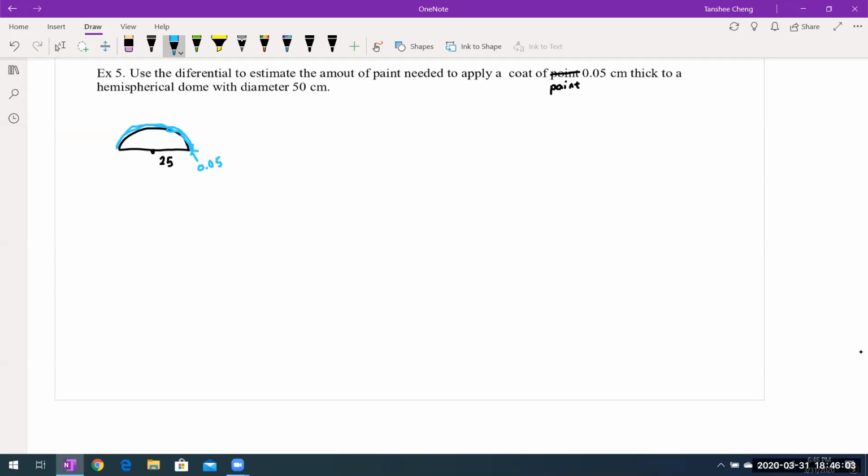So what is the volume that we need? What we know is the radius, 25 centimeter. And this little extra part is the differential of r, dr, which is going to be 0.05 centimeter.